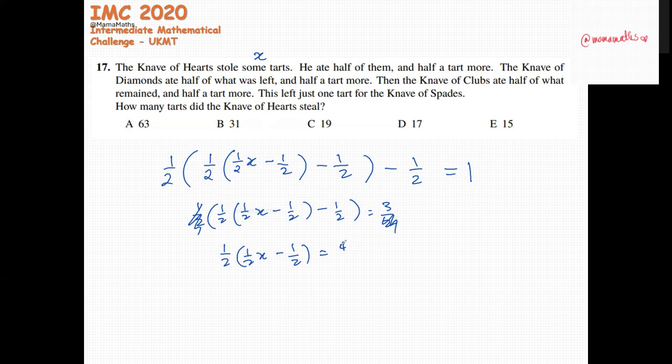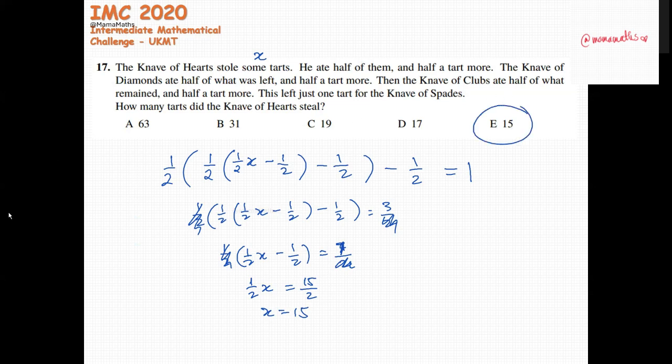Oh no, it's not, it's 7.5. So multiply by 2, and then a half more. So that's 1/2 x equal to 7 plus a half, that's 15 over 2. So the answer will be 15.